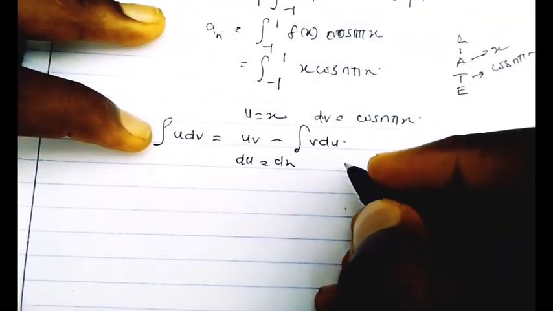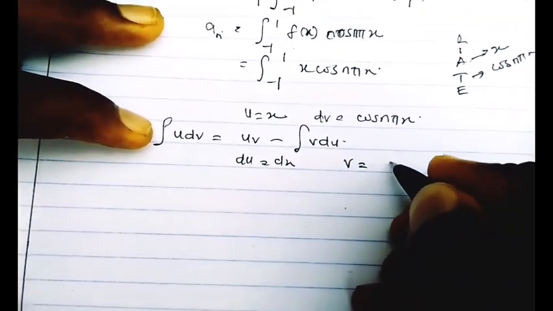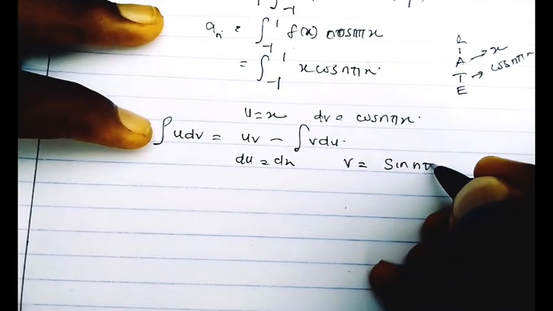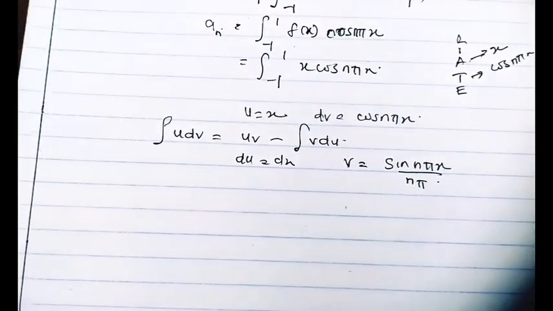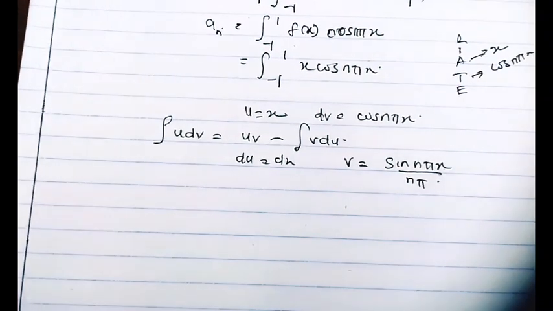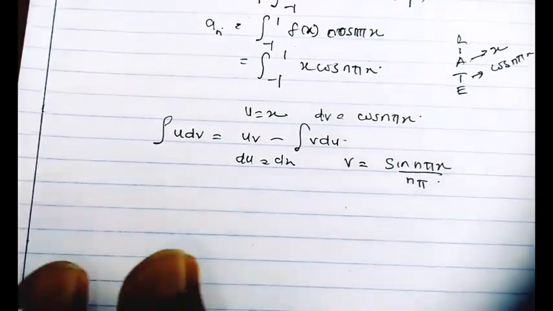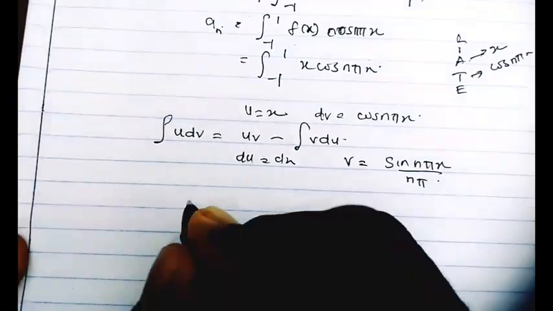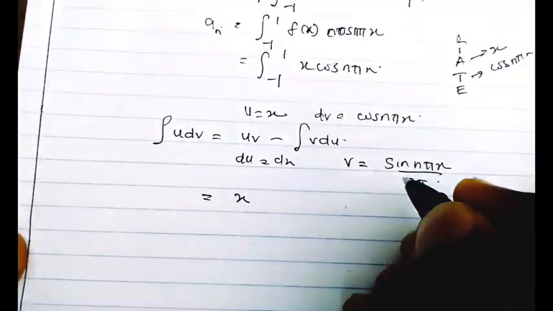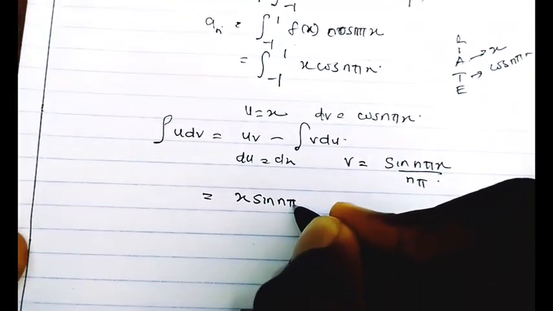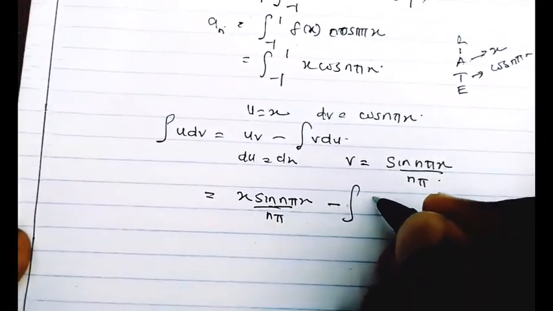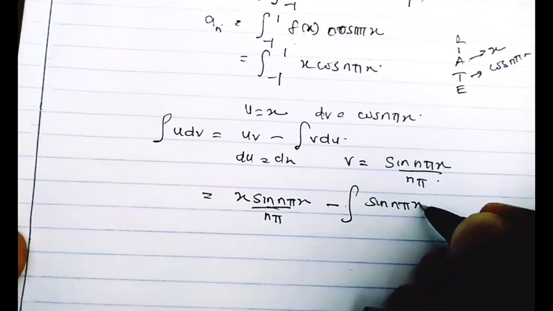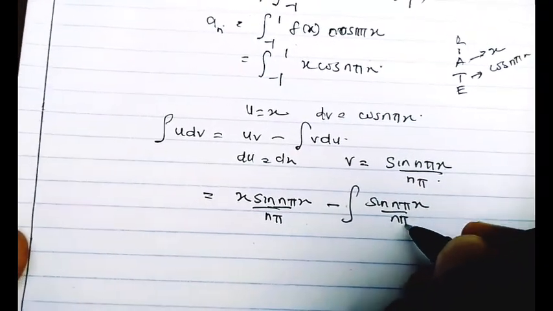And integrating the v, I have v is equal to sine n pi x over n pi, right? So having gotten that out of the way, now let's put it back in our integration by parts formula, which says my u is x, my v is sine n pi x over n pi, minus the integral of v du.